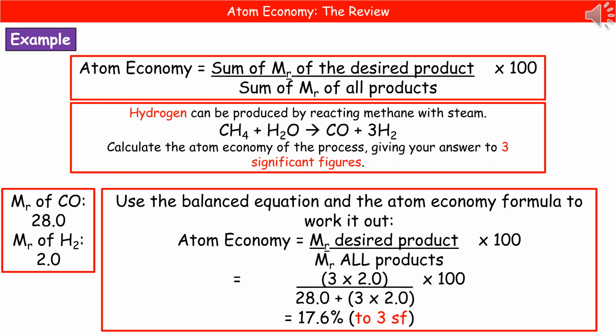So we need to do 3 times 2.0 and divide that by the mass of all of our products. So carbon monoxide was 28, and we've got to add that onto our 3 hydrogens as well. So 28 plus 3 times 2.0 gives us our total for all of the products. Then whatever that works out to be, times it by 100, and that gives us the answer of 17.6% to the 3 significant figures it told us to use in the question.